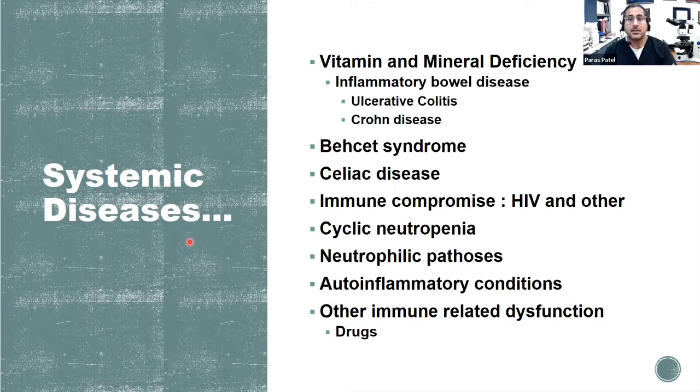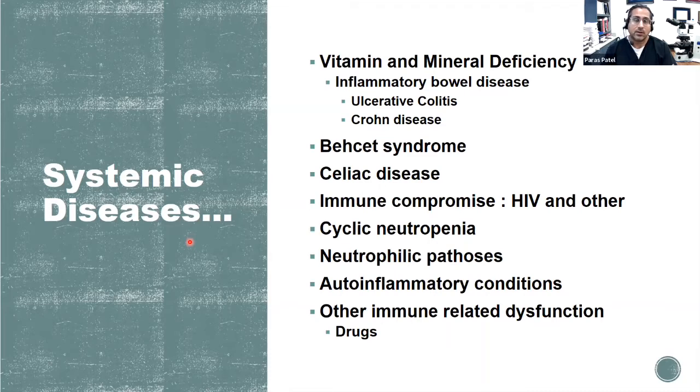You can also see this secondarily in inflammatory bowel diseases. Ulcerative colitis is a disease process that typically affects the large colon, the large intestine. And in those cases, there may be a lack of proper absorption of minerals and nutrients. In Crohn's, we see this more frequently because it affects the small bowel.